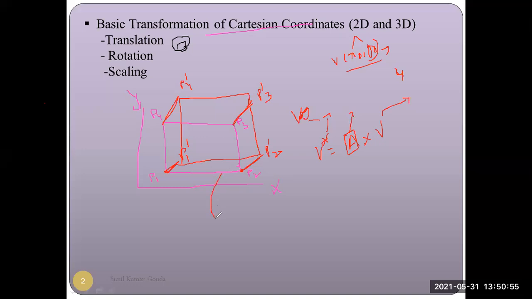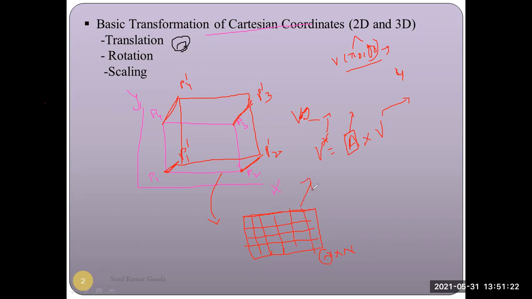Now assume this is an image, an n cross n image. How many points are there? There are n number of rows and n number of columns.